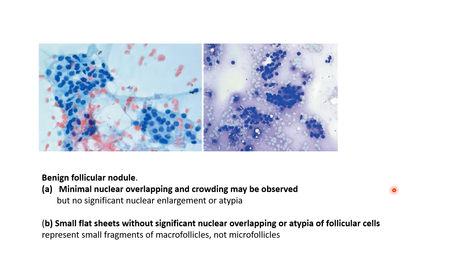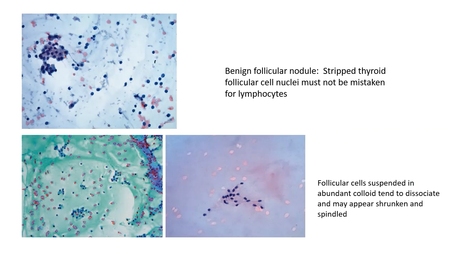Sometimes minimal nuclear overlapping and crowding can be seen, but there should not be significant nuclear enlargement or atypia. If there is significant nuclear enlargement, then they should be placed in category 3 at least. Sometimes the nuclei of these follicular epithelial cells can be stripped off, and then they may mimic lymphocytes.